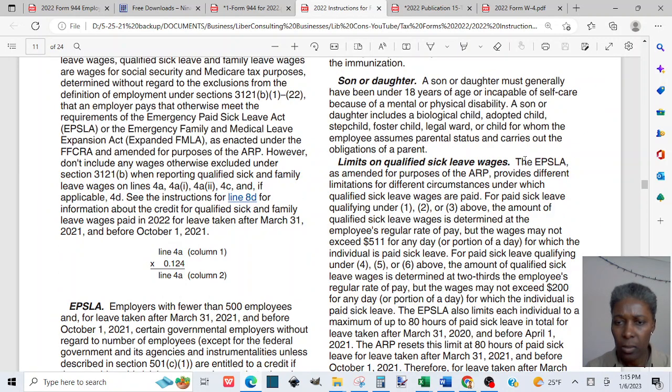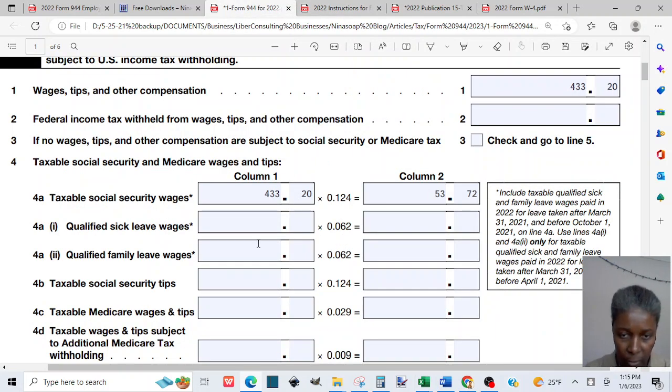They talk about qualified sick leave and family leave, which you can read more about if it applies to you. But one thing you need to know is, for the sick leave and the family leave, you collect that from the employee's salary. Your business does not contribute to it. So that's why you have 6.2% for those two, but not 12.4, because 12.4 is twice 6.2: 6.2 for the employee, 6.2 for the employer.